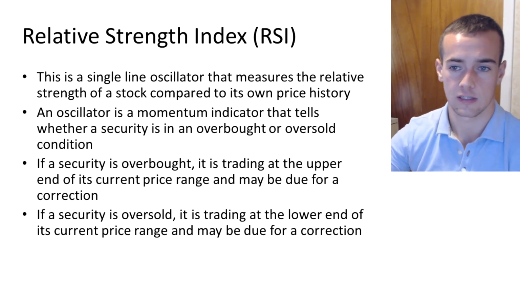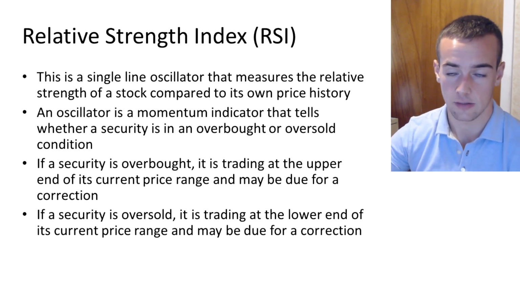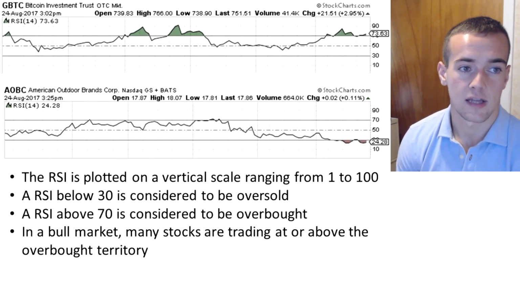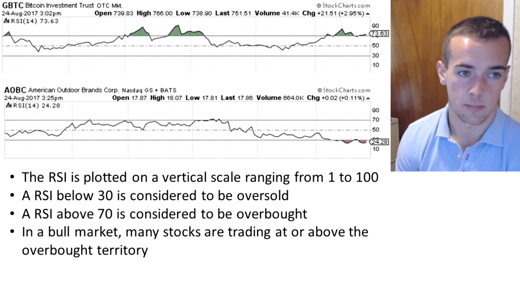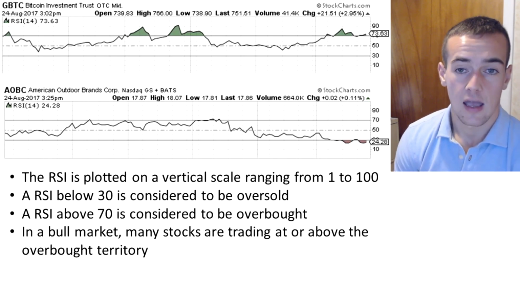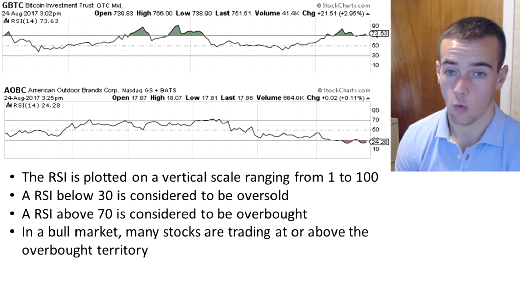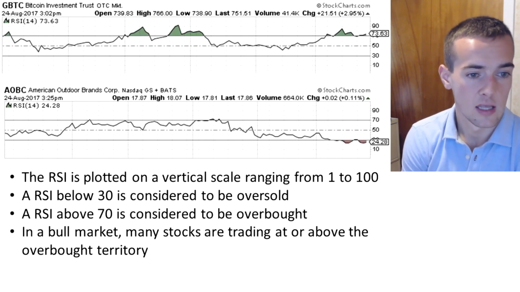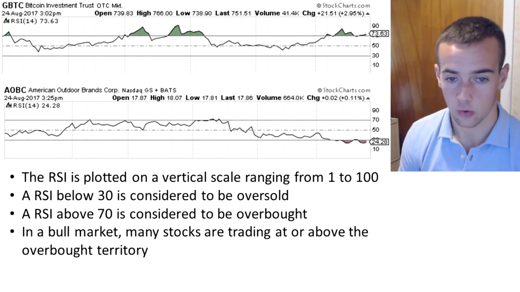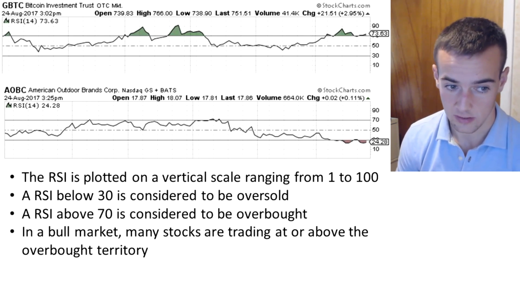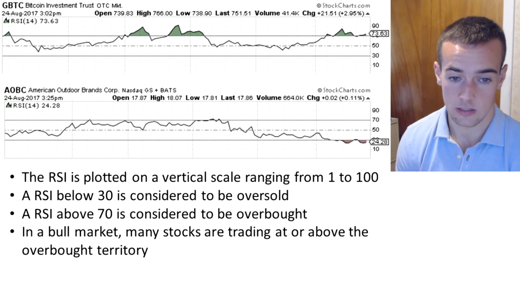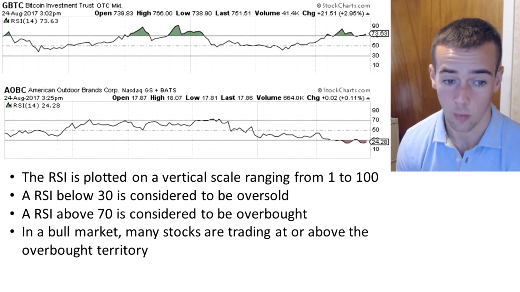So we're going to look at an example of what this RSI indicator looks like here. At the top, we have GBTC, which is a Bitcoin investment trust. And as you can see on top, it's indicating an overbought condition based on the green fill on that chart. So the RSI is plotted on a vertical scale ranging from 1 to 100. An RSI below 30 is considered to be oversold, while an RSI above 70 is considered to be overbought.